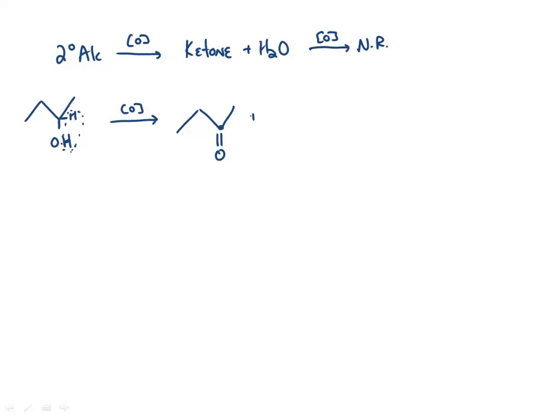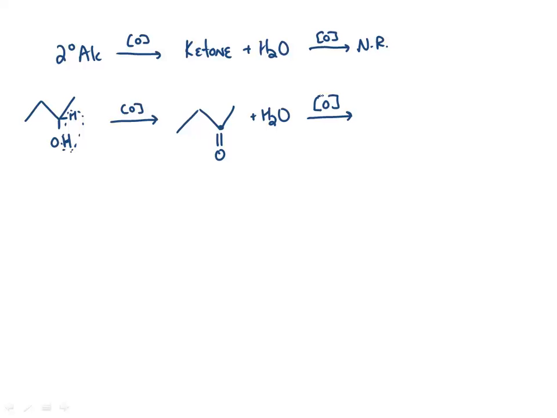And I get plus H2O. So really the only difference between the primary and the secondary version of this reaction is where the double bond is, right? It's either formed at the end of the molecule because it's a primary alcohol or in the middle of the molecule because it's a secondary.